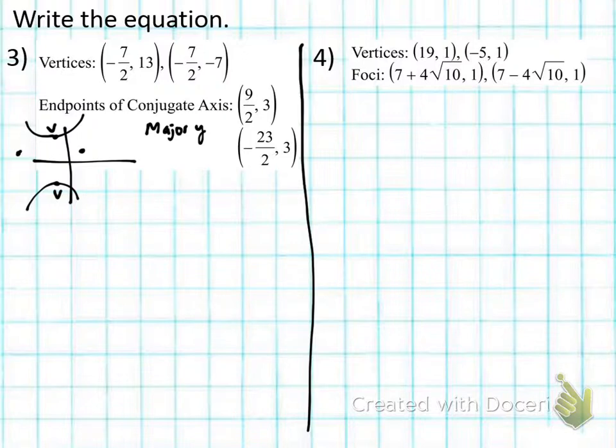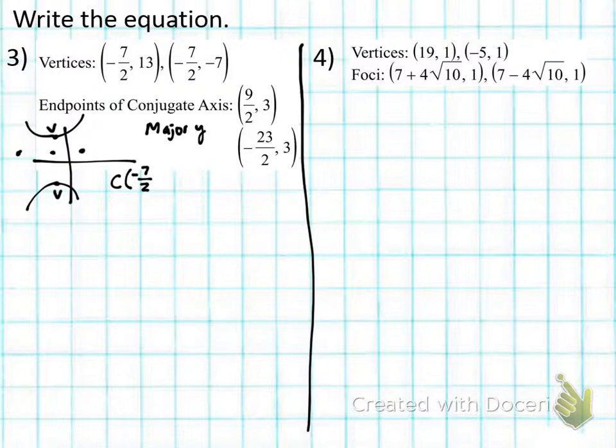If you know that there's supposed to be a common axis right in the middle, to find the center, what would my center be by looking at these points? Let's focus on these vertices. What's a common number on both of these vertices? -7/2, right? Because they all share a common number, so my center must have -7/2 in it, right? Did you all get that? Did I have to calculate that?